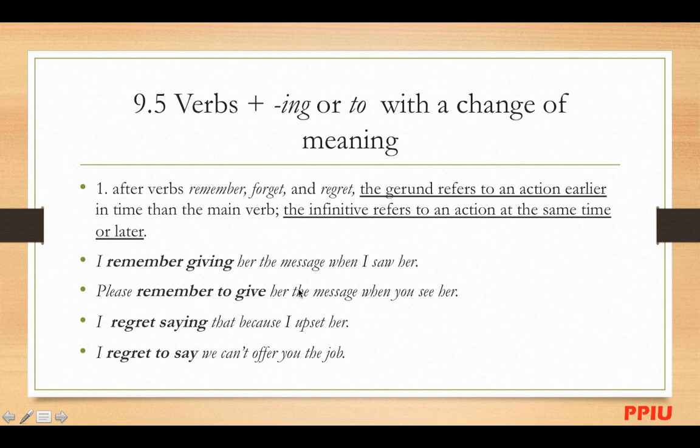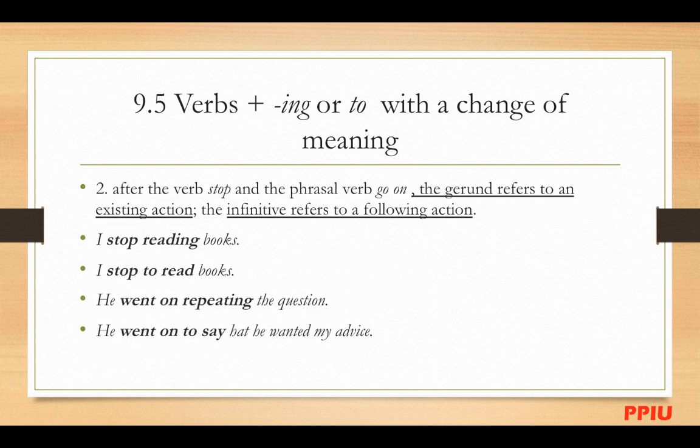And try, you can see the word try. For example, I try doing my homework, or I try to do my homework. When you say I try doing the homework, you refer to your experience, right? But if you say I try to do my homework, it means you tried to do your homework, but you didn't finish it.